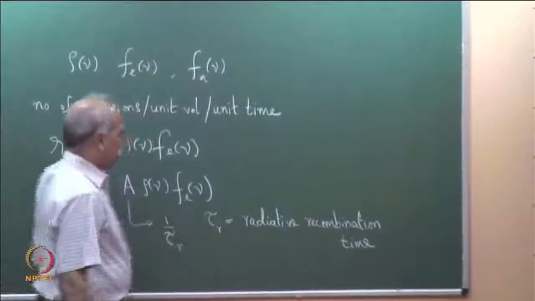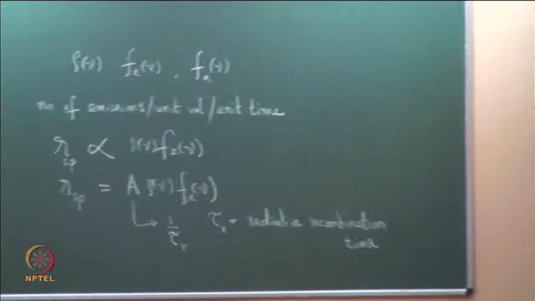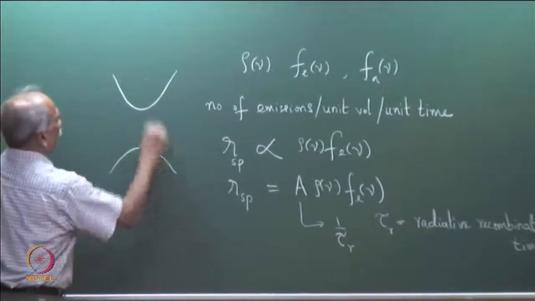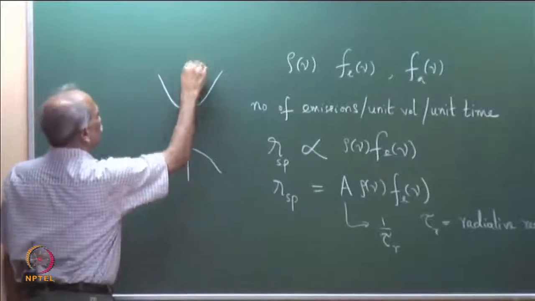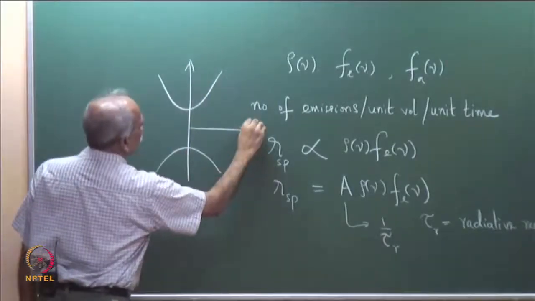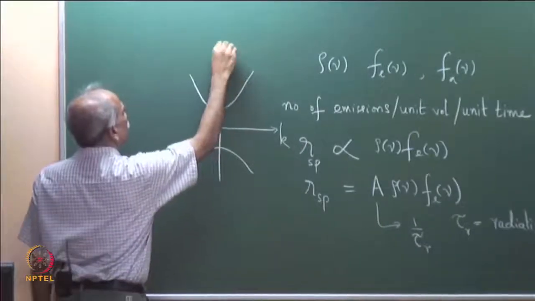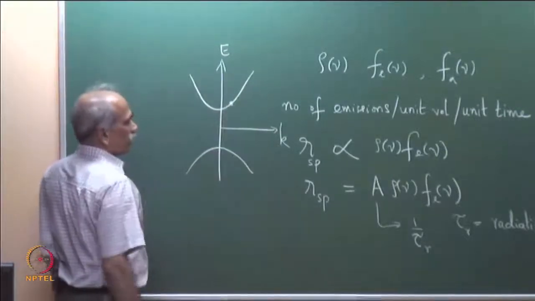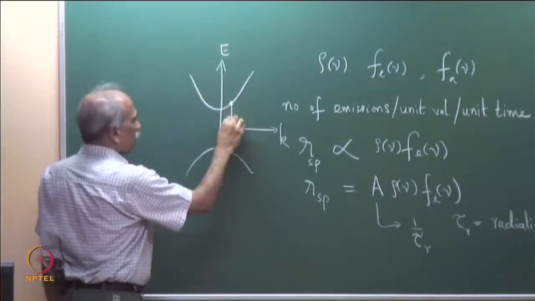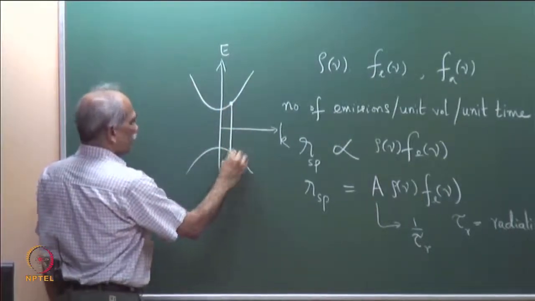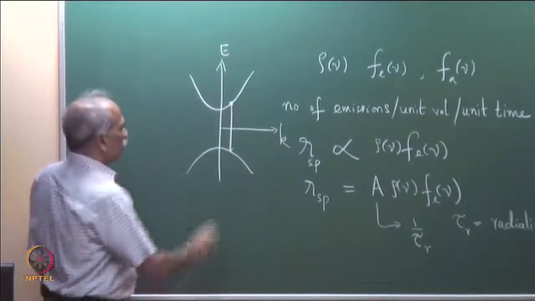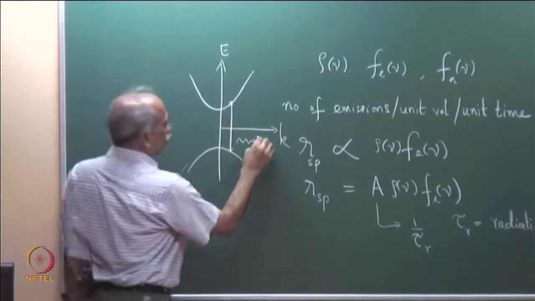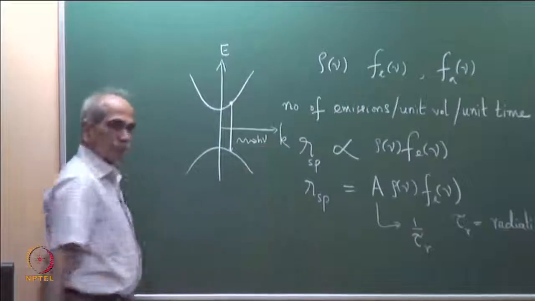Why I mean radiative transitions is the following. If you see the E-k diagram, as I keep drawing many times, an electron in the conduction band can make a downward transition in energy to the valence band, giving out spontaneously, on its own, a photon of energy h nu.